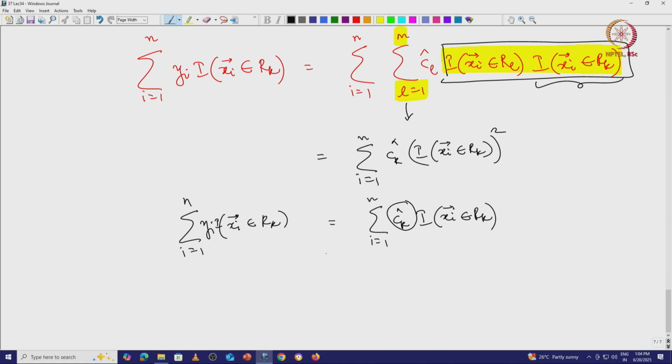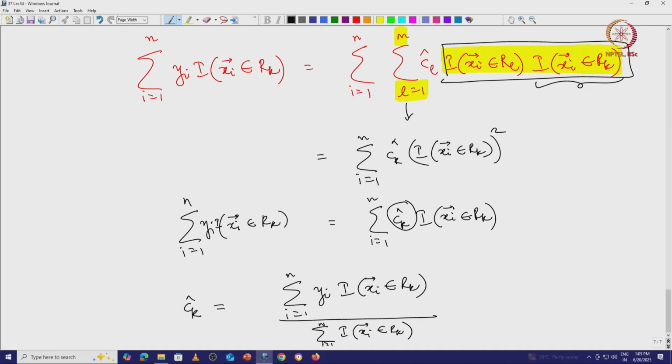So you get that Ck hat is equal to the sum i going from 1 to n of yi times the indicator of xi belongs to Rk, divided by the sum i going from 1 to n of the indicator of xi belonging to Rk. Okay, because this Ck does not depend on this i going from 1 to n. So this is the final expression that we get.